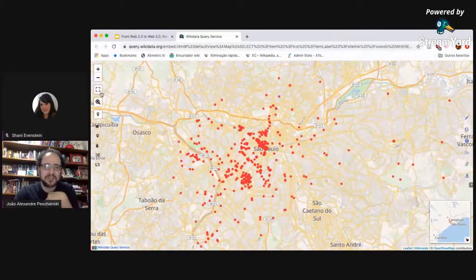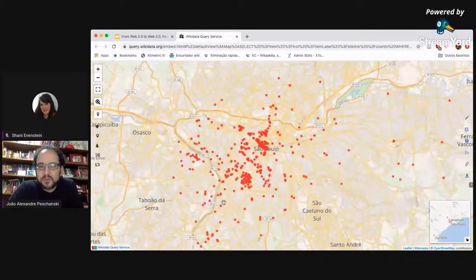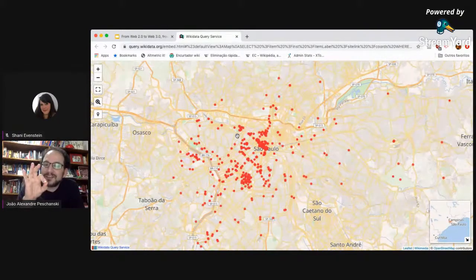So you can actually trace the contours of the city of São Paulo. If you don't know São Paulo, it's a really large city, with several million inhabitants. These are the exact locations of the monuments, even if they are stolen or destroyed.